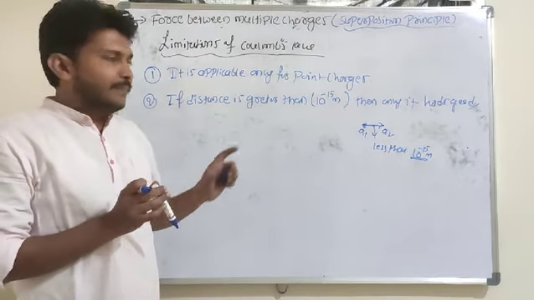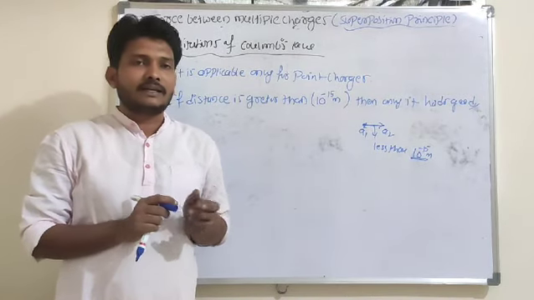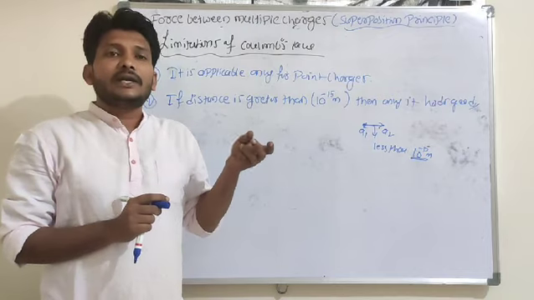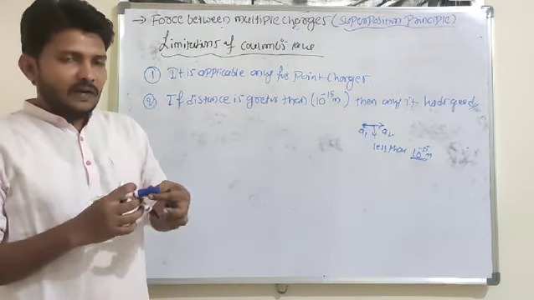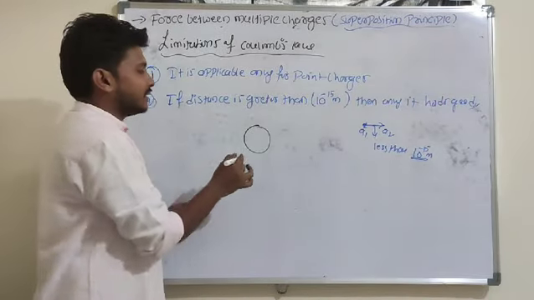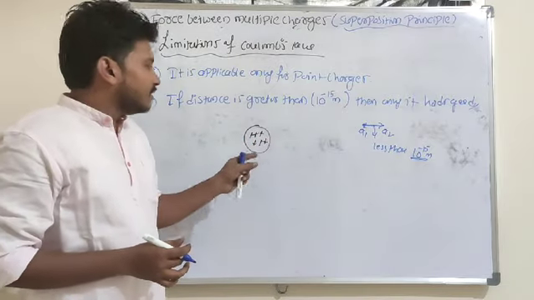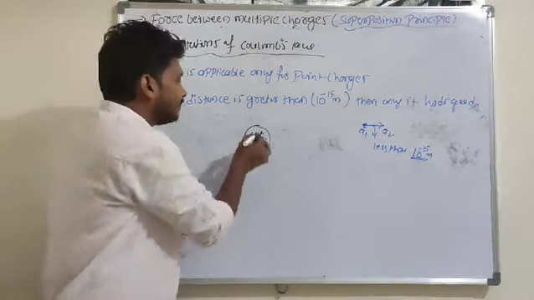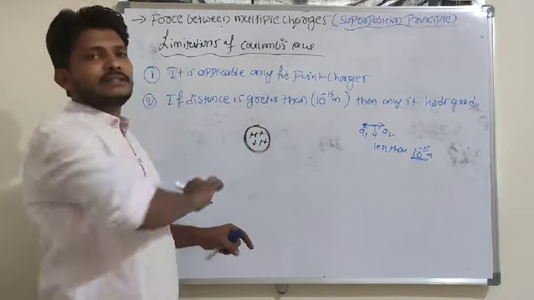So let me explain. In the basic properties of charges, I said that like charges will repel each other, whereas unlike charges will attract each other. So let me give an example. The nucleus consists of protons and neutrons, which means all the protons are bonded in a small region here.